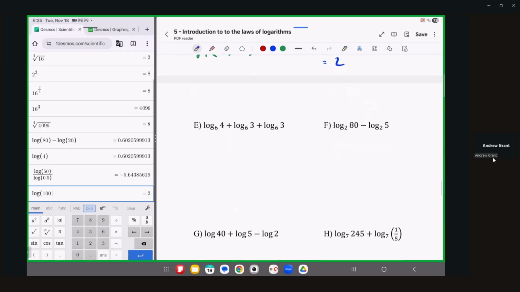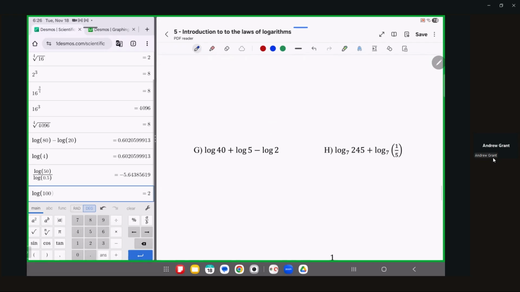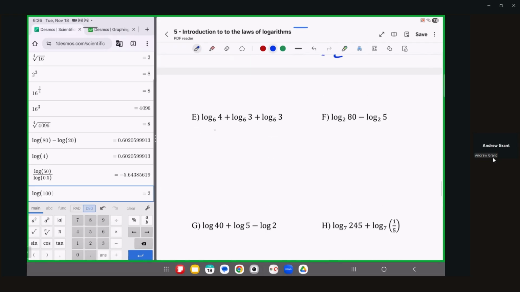Why stop at 2 logarithms? What about log base 6 of 4 plus log base 6 of 3 plus log base 6 of 3? Well, we can simplify this down to be log base 6 of, and then take 4, multiplied by 3, multiplied by 3.